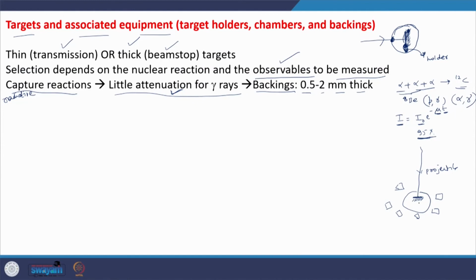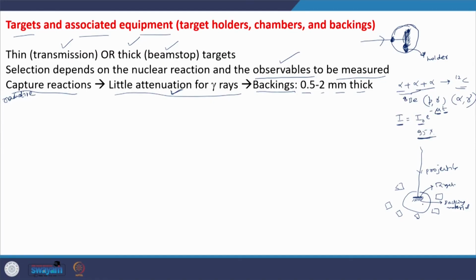So, little attenuation in this backing material allows detectors to be placed at any place, so that we can get a large number of counts. For radiative capture reactions, the backing thickness should be of the order of 0.5 to 2 mm.